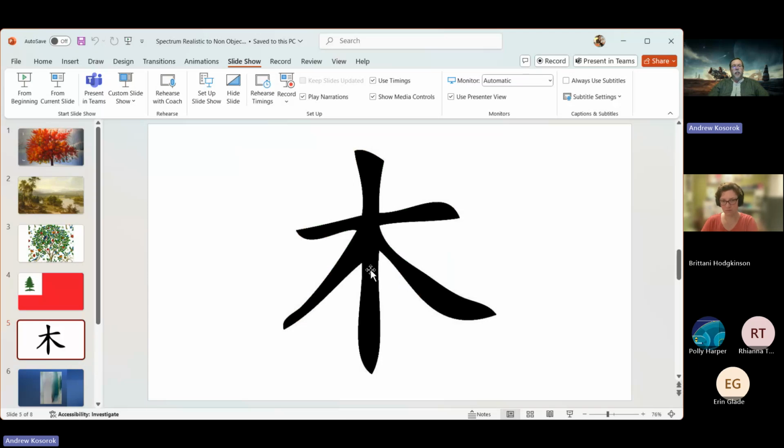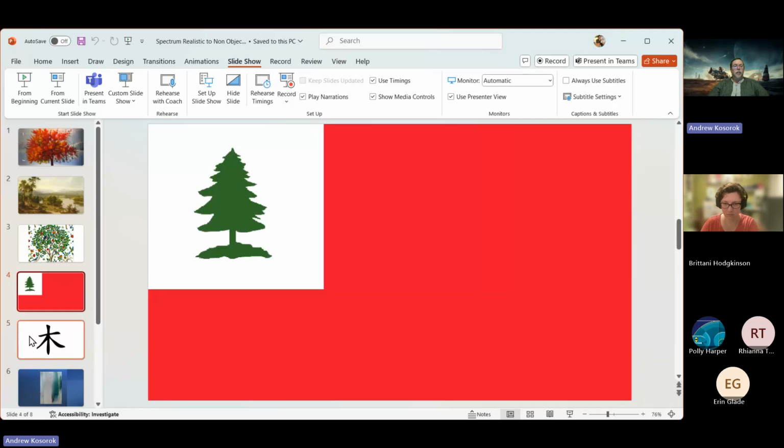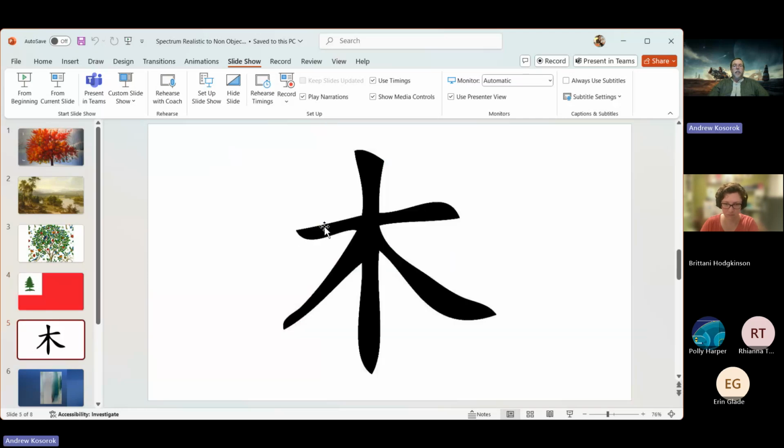When we go to the kanji, we can kind of extrapolate that this might be a vertical trunk. This might be the diagonal of the limbs, just like the green one earlier. And then maybe this is a horizontal, or maybe this is a suggestion of a horizon line.